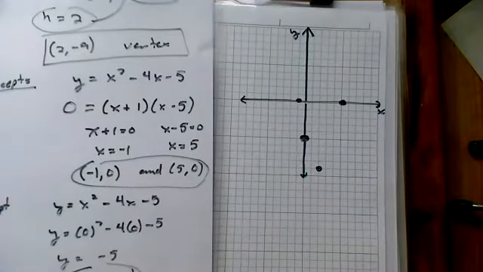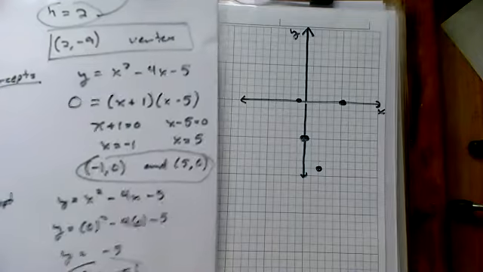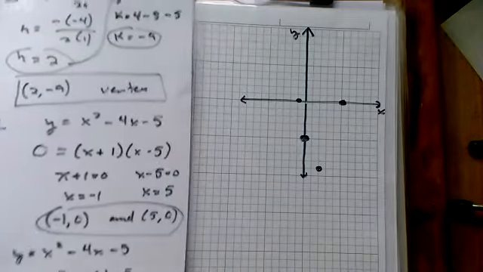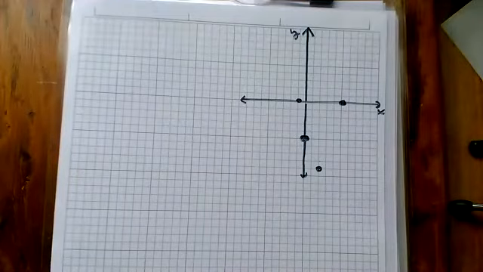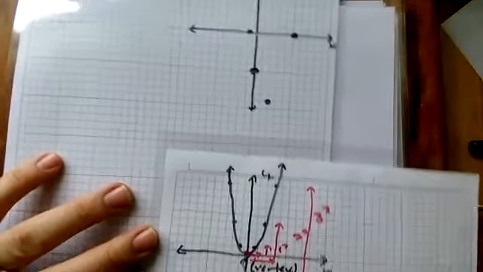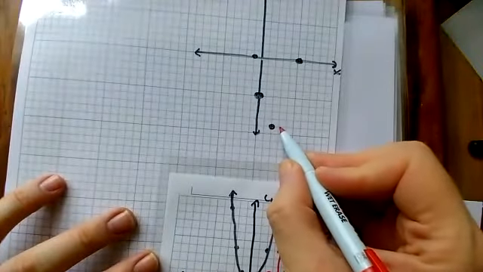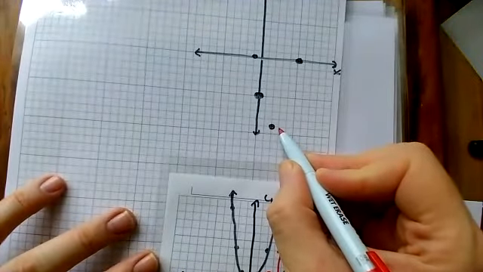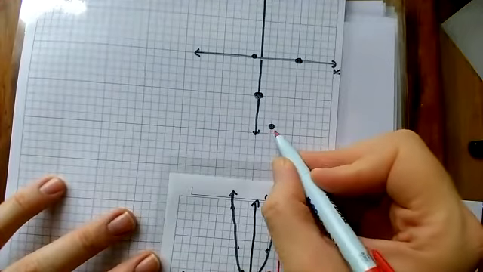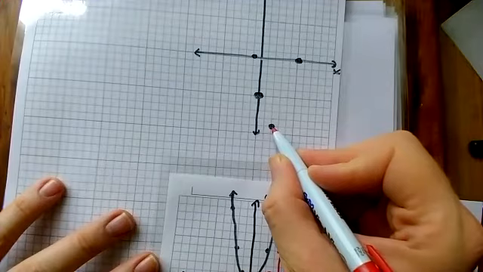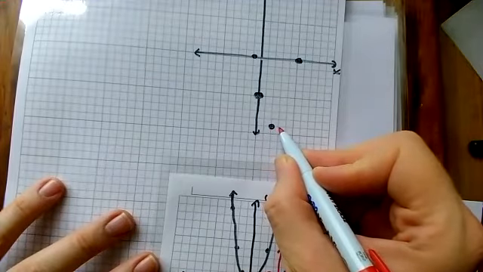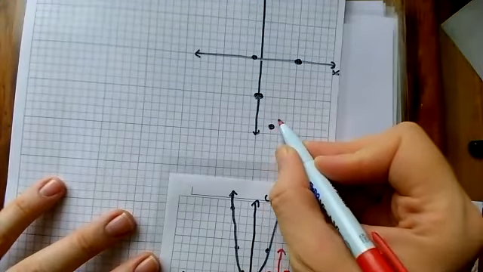Now, I'm going to point this out, and I hope that you'll spot this. Think about the pattern that we discovered before, where here's this vertex. If the x is displaced 1 in either direction, it's going to move up 1.